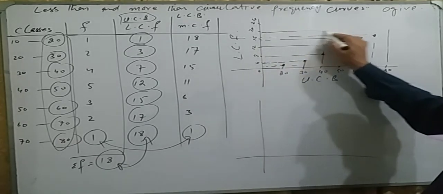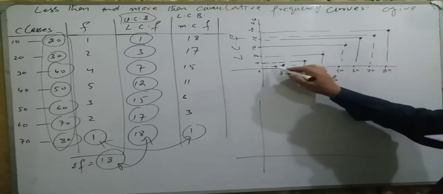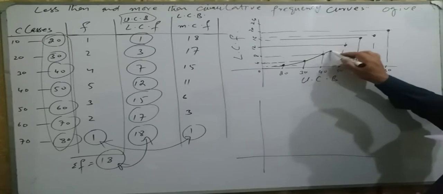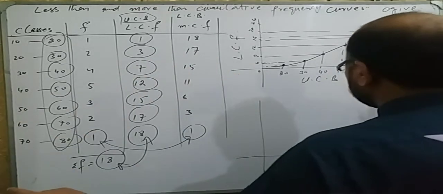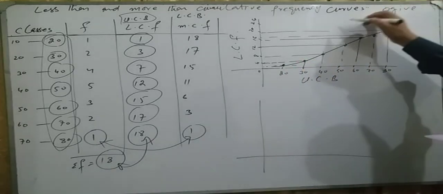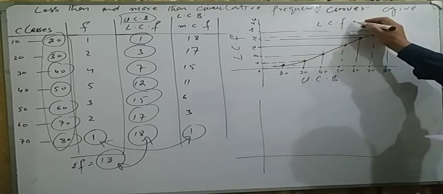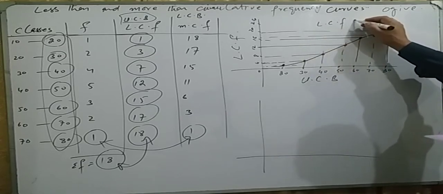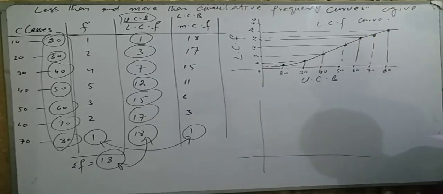Now if you see, it's a curve from left to right and from low to high. Here you can write less than cumulative frequency curve.